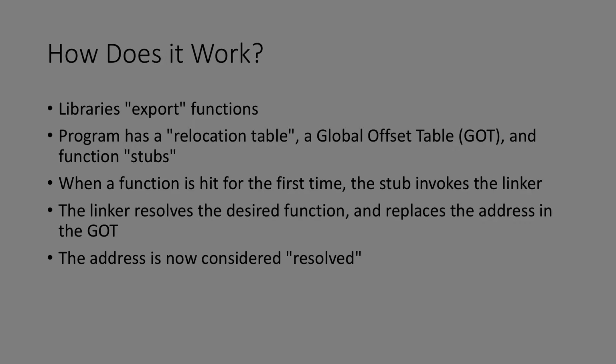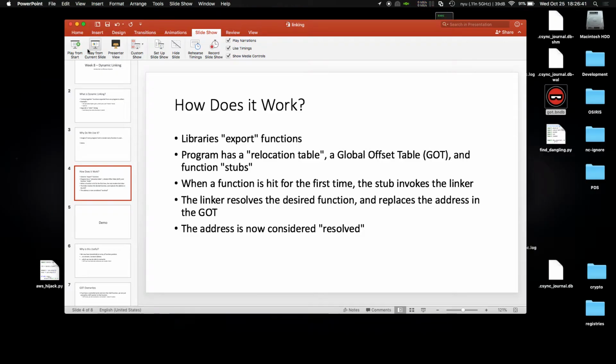Once that's done, it replaces in the program's virtual memory the address where printf is. So no longer is it pointing to the stub, it's actually pointing into libc, where printf can actually be found. After that, the address is considered resolved, and you'll never have to go through this stub lookup again.